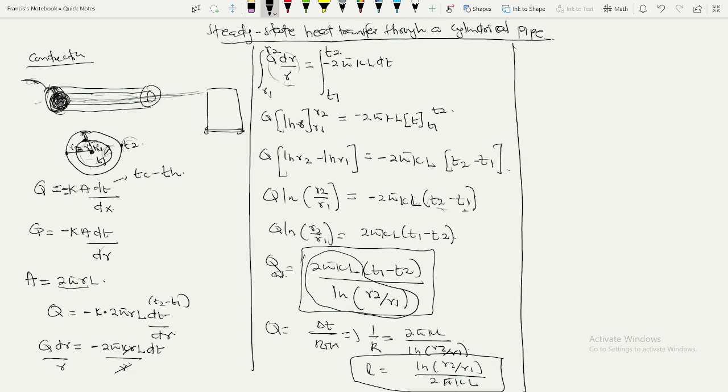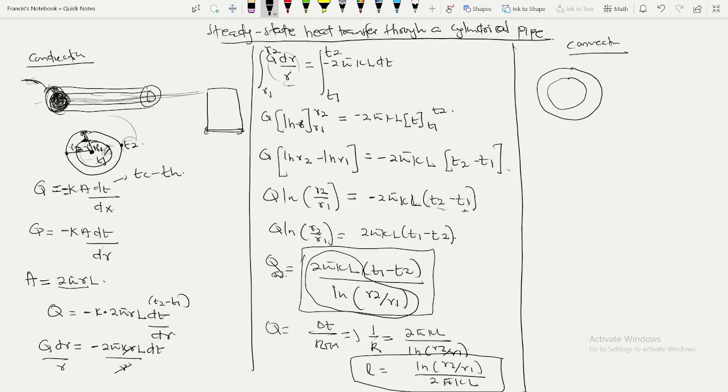Now, let's say there is convection too. With that same pipe, we have a fluid flowing through. So this is our cylindrical pipe, and our pipe has an inner radius and an outer radius.